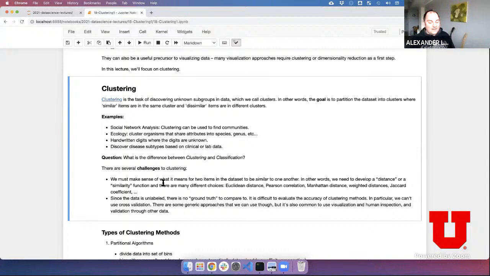And since the data is unlabeled, we don't have ground truths, so we have no accuracy score, right? So evaluating a clustering based on completely unlabeled data is tricky. Usually, what we do is we visualize it and try to make sense of whether that makes sense.